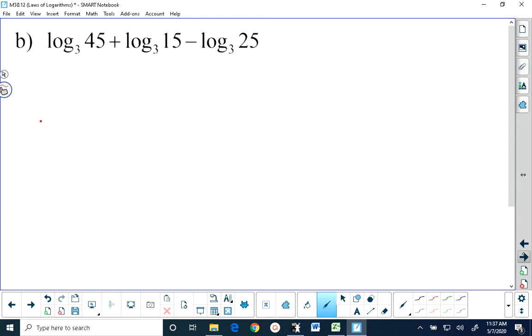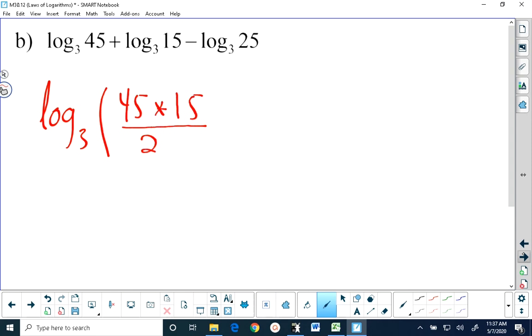But if we put these together as a single logarithm, we would have 45 multiplied by 15 divided by 25. Remember, if the logarithm is positive, the argument goes on the top. If the logarithm is negative, it goes on the bottom.